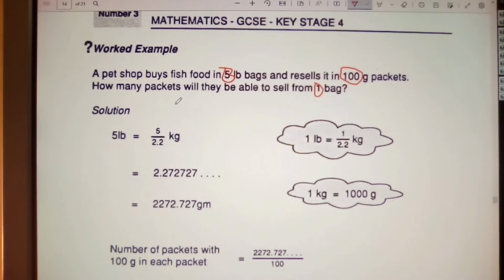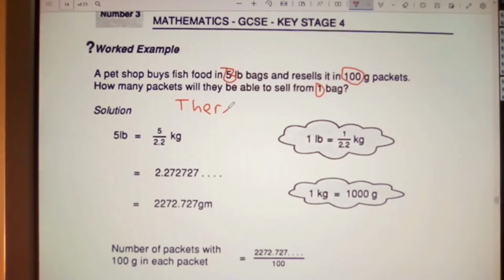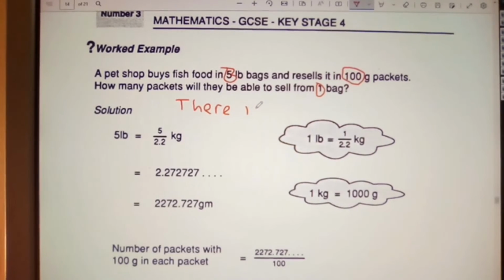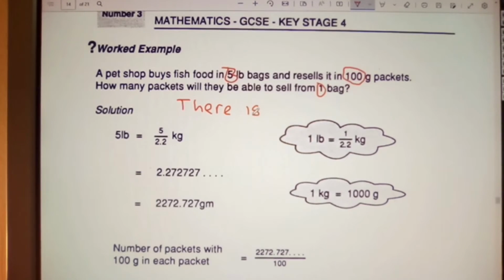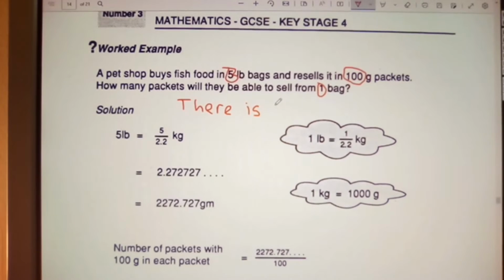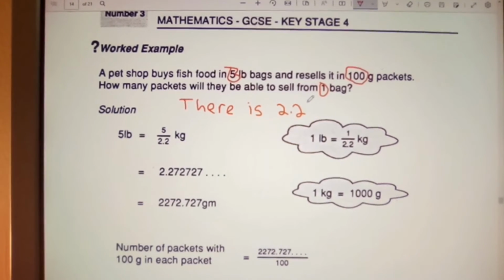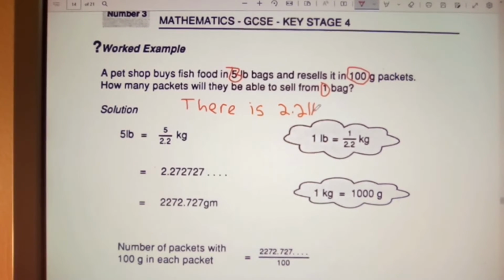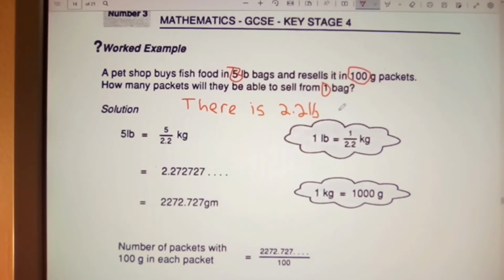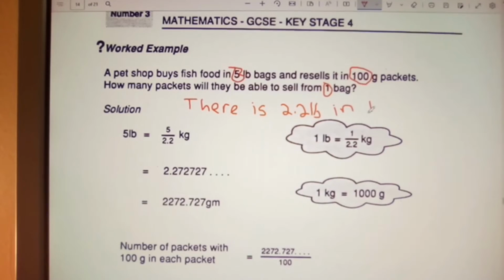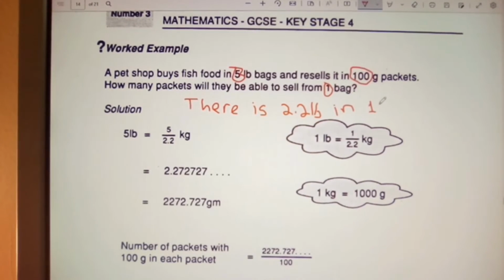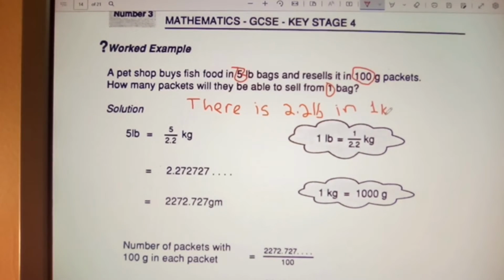So let me write this here for you: pounds in 1 kg.